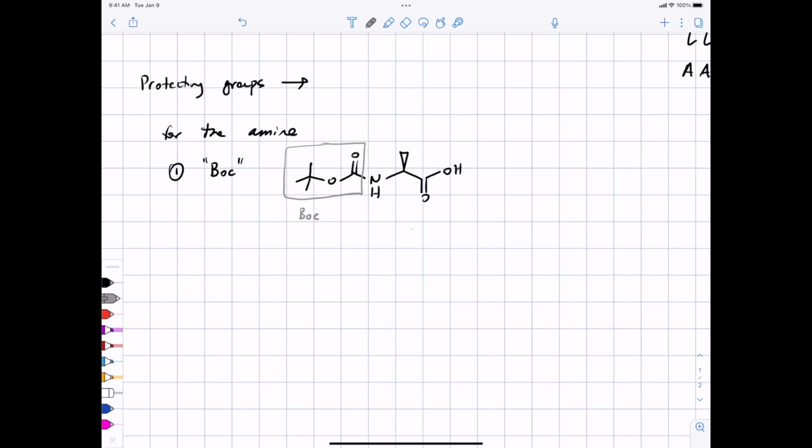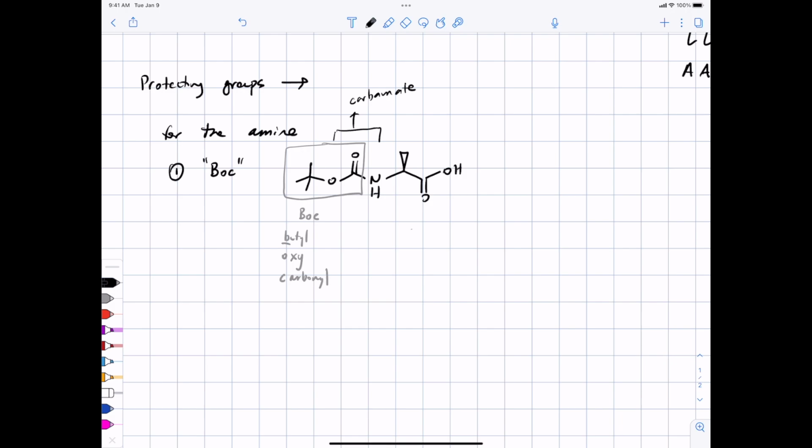It used to be called t-Boc, but only overachievers call it t-Boc. The B stands for butyl, O stands for oxy, and C stands for carbonyl. T-butyloxycarbonyl. The functional group is a new one, a carbonyl bonded to an oxygen and a nitrogen. That functional group is called a carbamate.